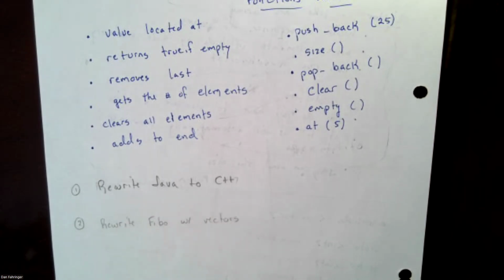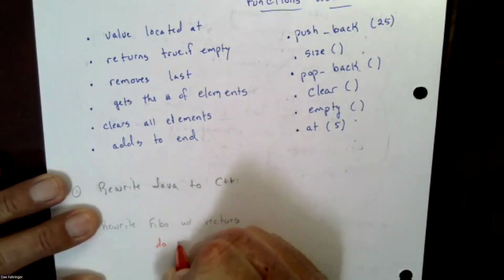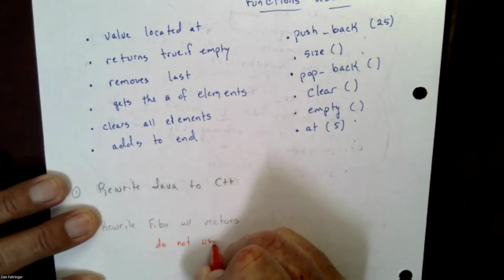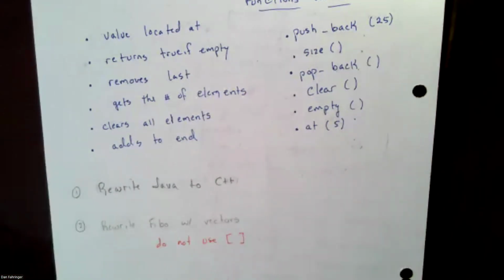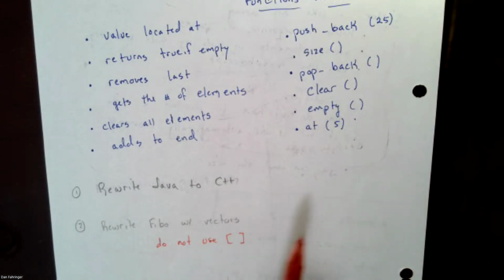Do not use square brackets. That would make it really easy, right? We don't know how many terms they'd like to see. They say 10, we start, fill the first one, fill the second one, and keep pushing and pushing till we get to a count of 10.